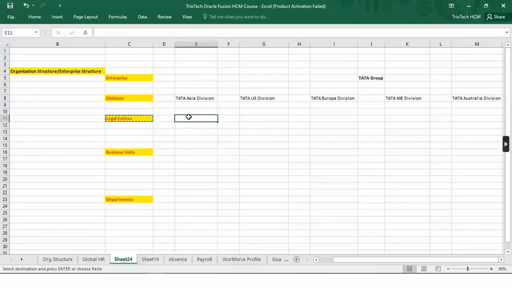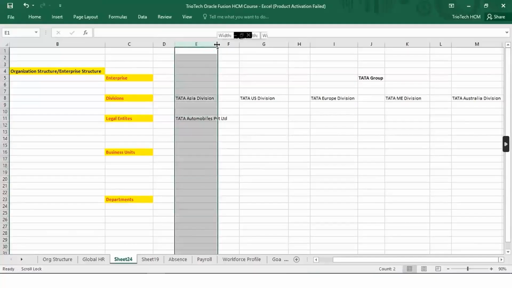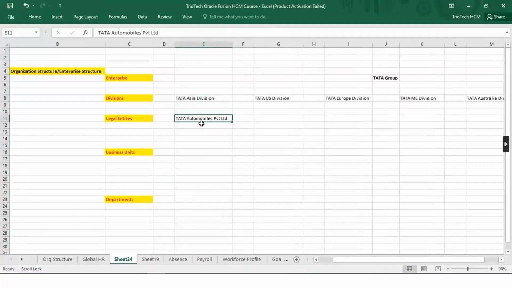Let's say my client Tata, under Asia division, team, they are having the companies or the legal entities like Tata Automobiles Private Limited, then TCS India Private Limited, okay.